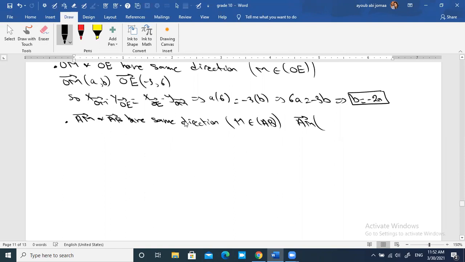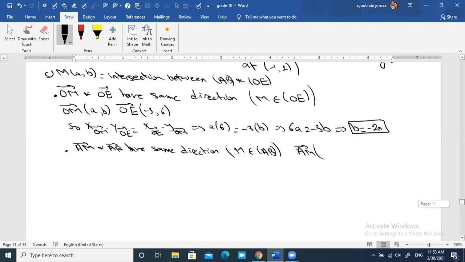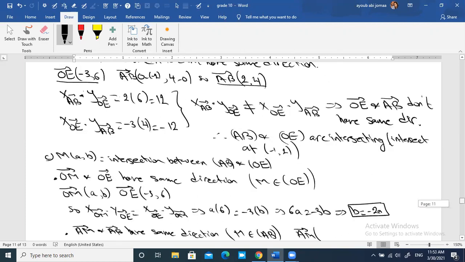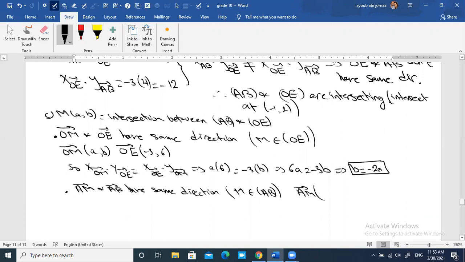What are the components of vector AM? XM minus XA, YM minus YA. So XM minus XA is A minus X of A, which is -2, so A plus 2. And Y of AM is Y of M, which is B, minus Y of A, which is 0.